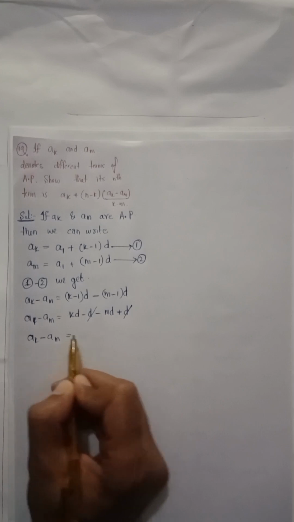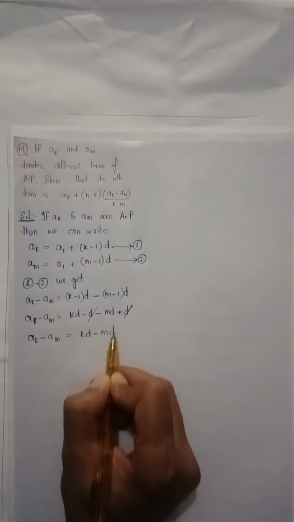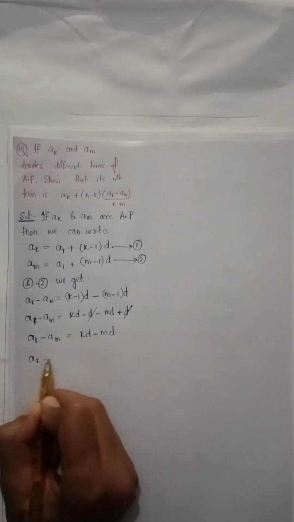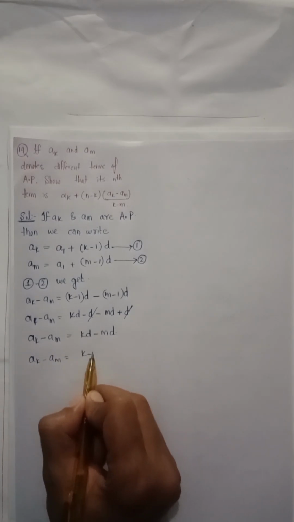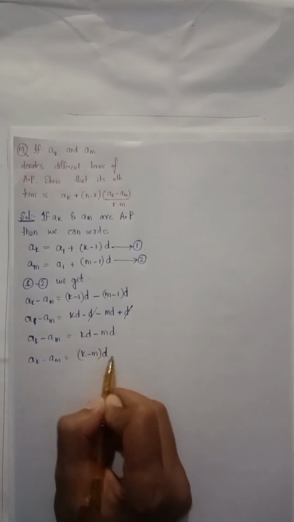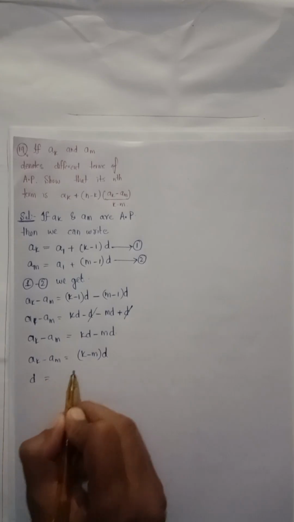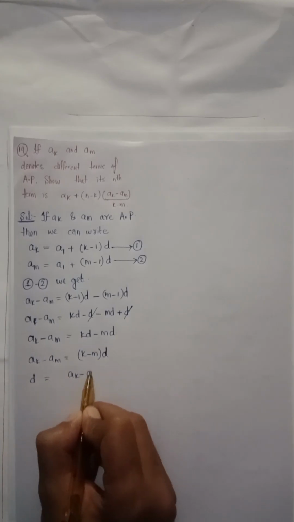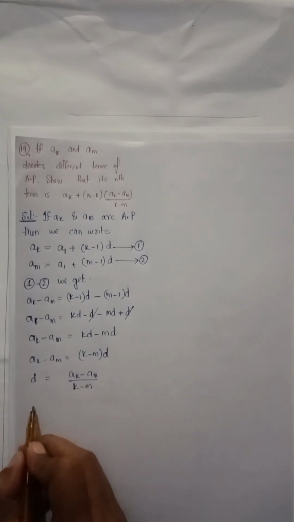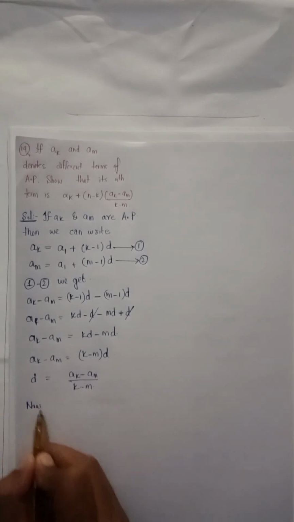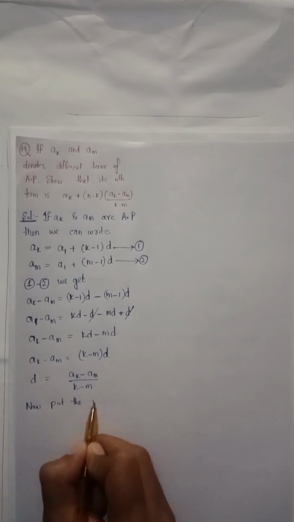By taking d common in this, our d becomes (ak minus am) over (k minus m). Now put the value of d in equation number 1.